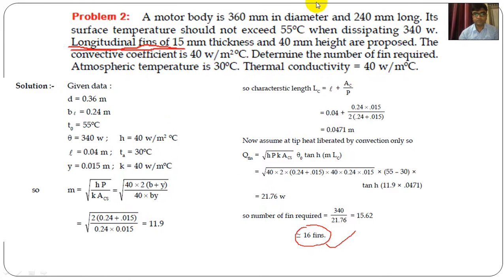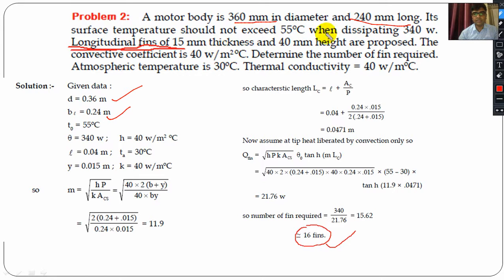So now you just note down the data. I am writing this diameter, which is misleading; this data is given only to mislead you. This 240 mm long is the width of the fin. Already mentioned, this is the width of the fin, and I expressed it in the diagram also. T naught is the base temperature.